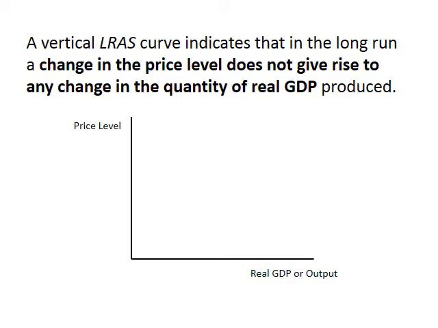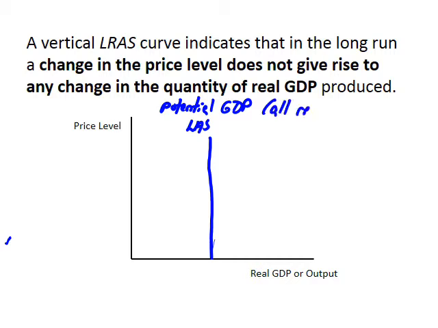So vertical LRAS curve. Now I tend to use LAS to shorten it, long run aggregate supply curve. It's going to be vertical. Call this the LAS. And this is also at the level of potential GDP. And we have all resources being used efficiently.